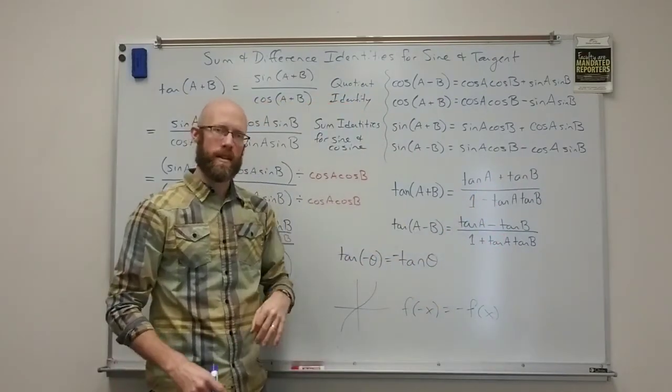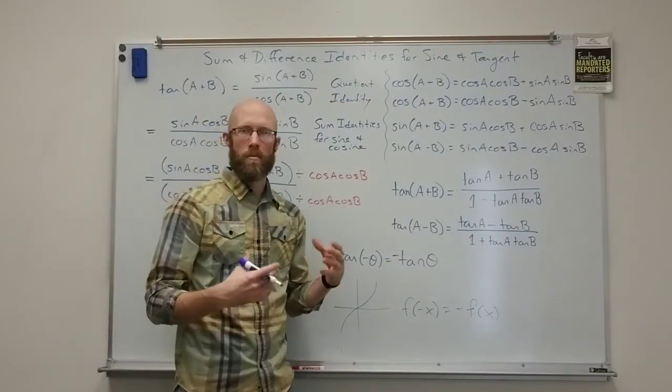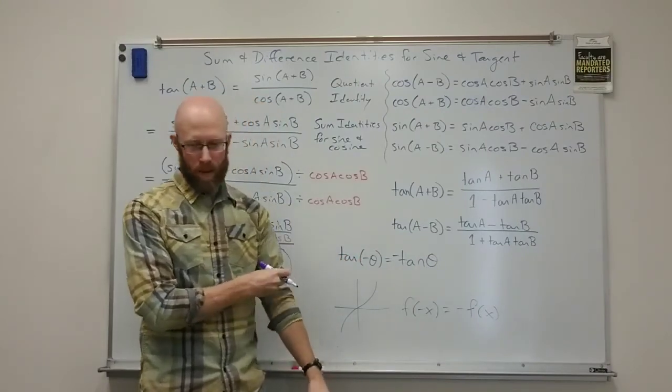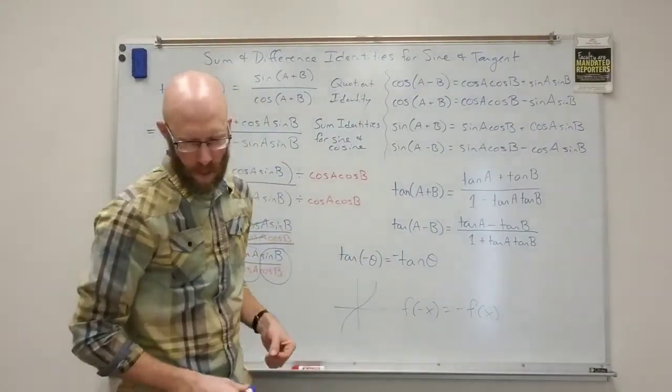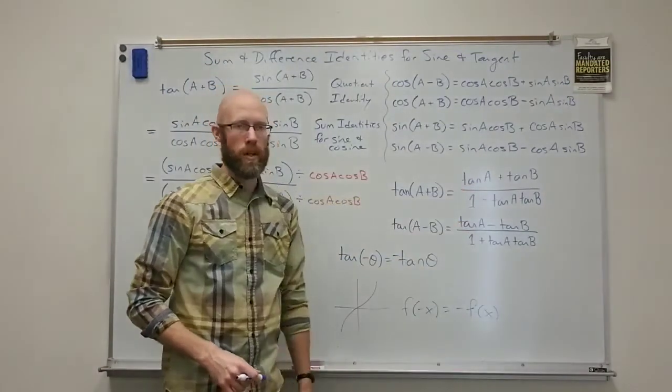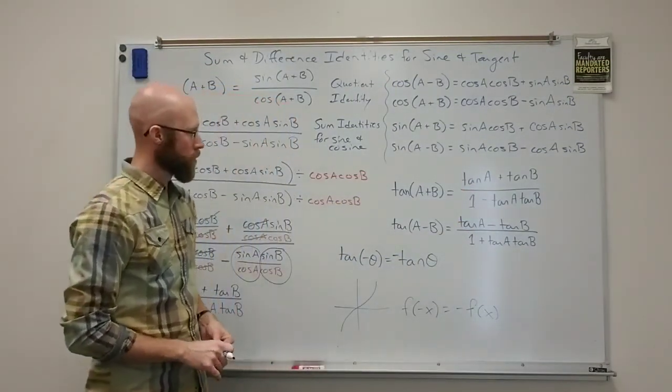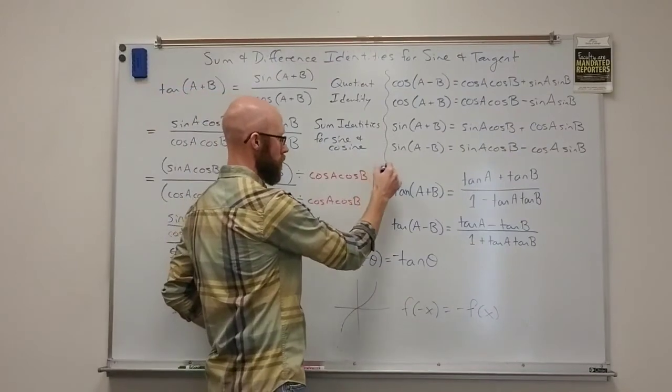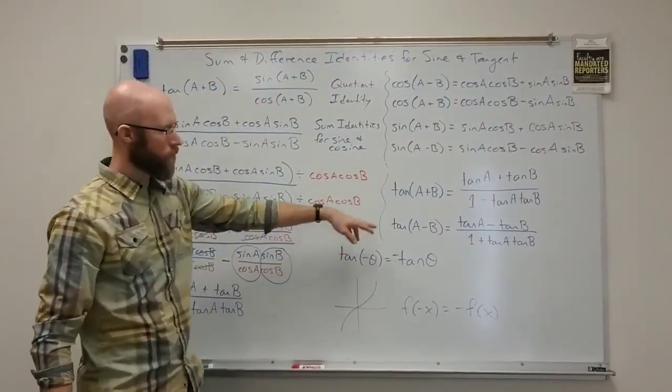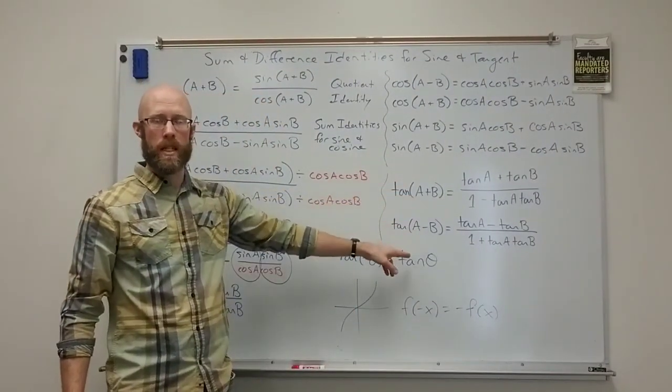It changes the signs. I won't go through all the details of that, but that's essentially what happens. And you end up with this formula where the plus and the minus switch, okay? So that gives us formulas now, and bring that down, for both the tangent of a sum and the tangent of a difference.